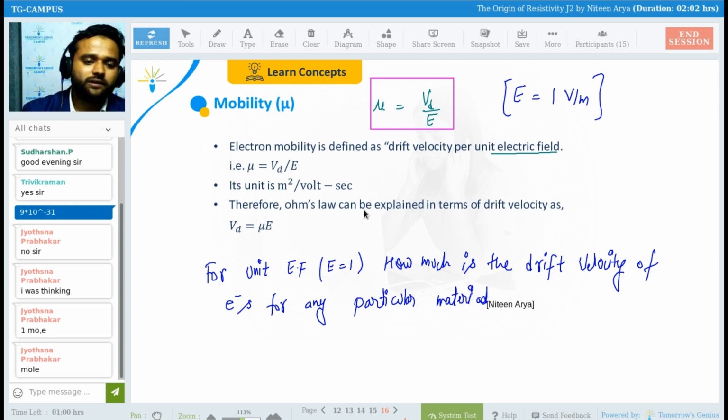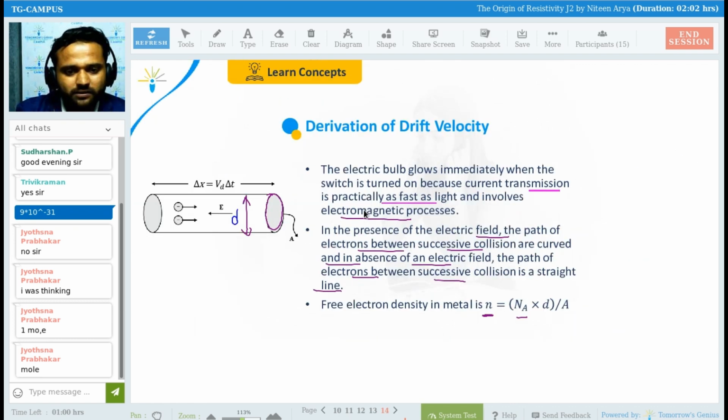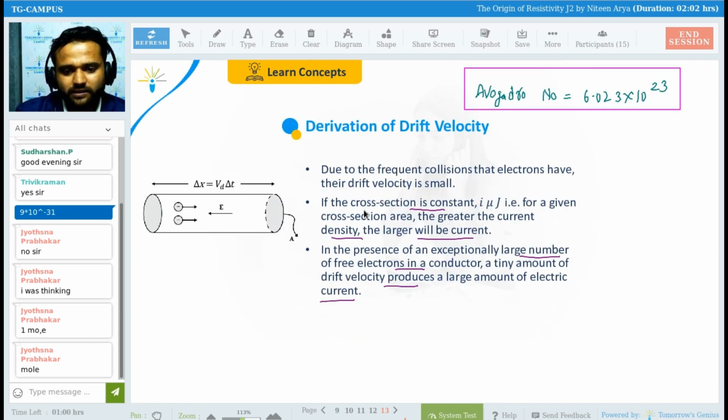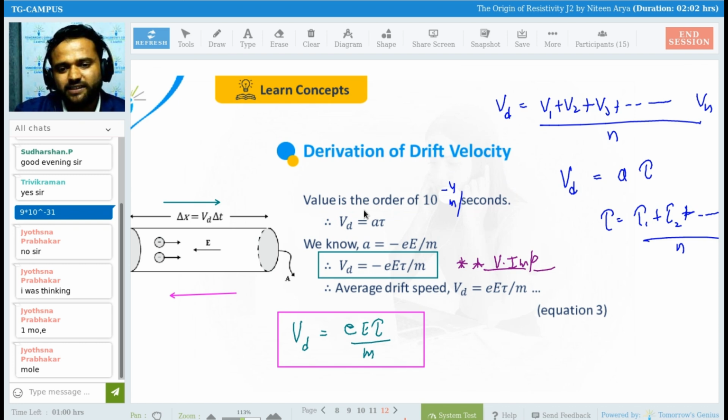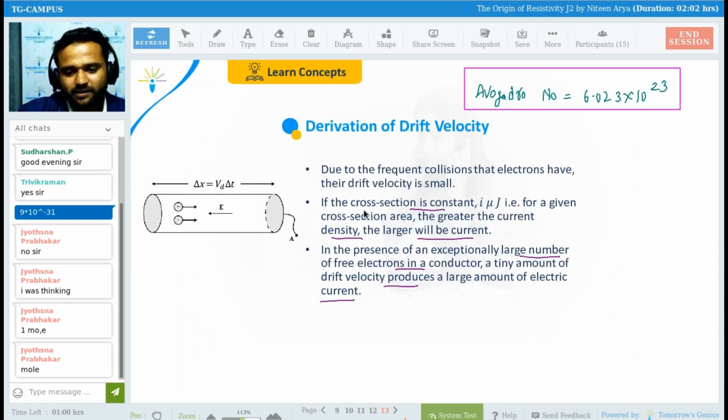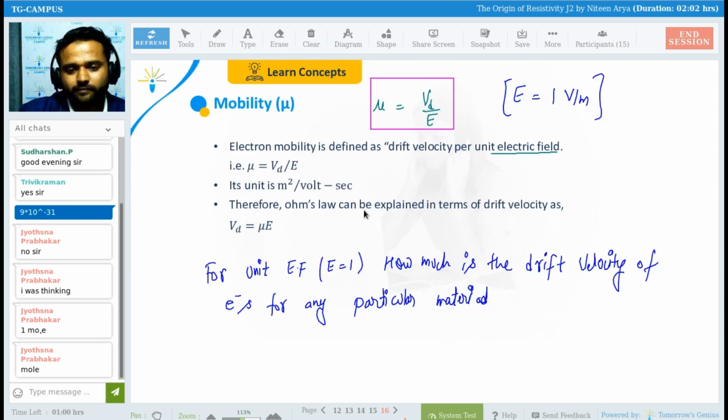Because from the previous lecture, Vd equals a tau. What is Vd? Vd is where we have the relation minus E tau by m. So mu is minus E tau by m, and tau is this relation. As simple as that.